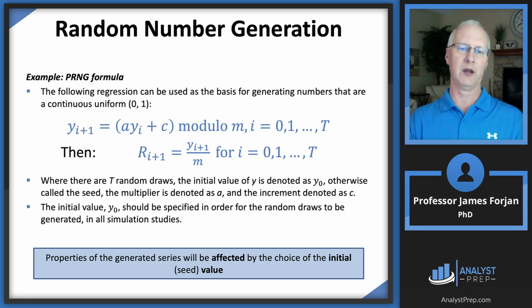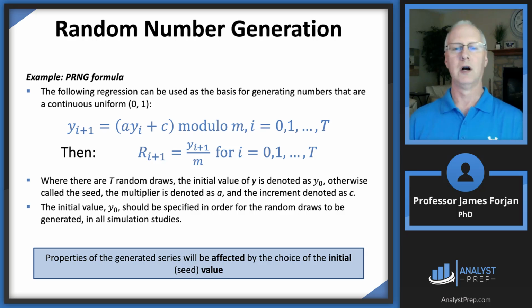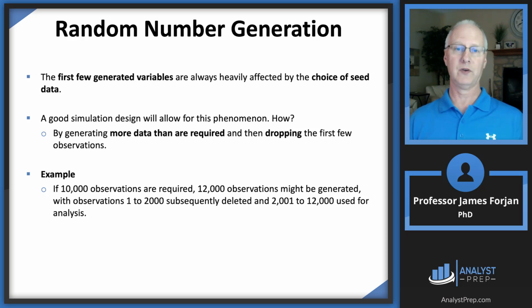So what we're doing here is, think about this, start at some number, 0 or 10 or 100, whatever it is, and then you're just going to go up incrementally, and it depends on the remainder. So that modulo, remember, is the remainder of dividing two numbers. Now, those first few generated variables are always going to be heavily affected by the choice of the seed data.